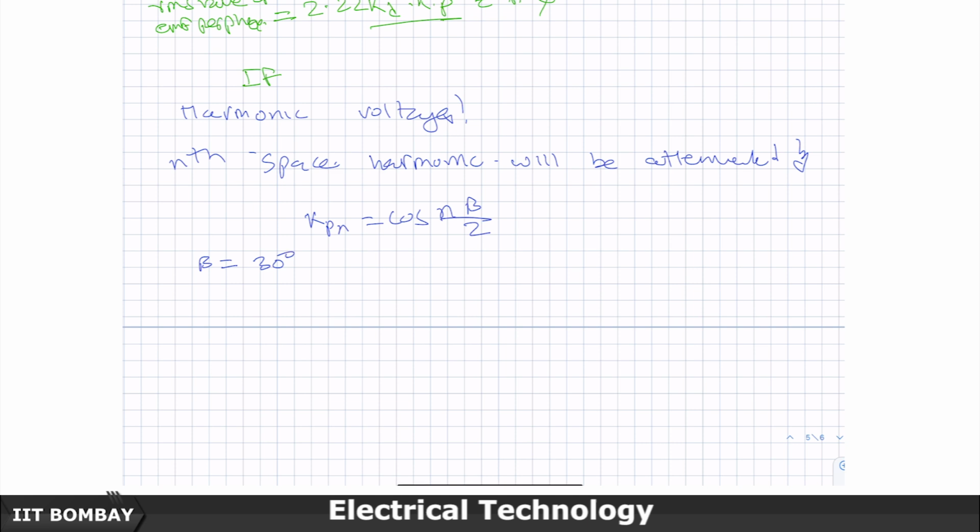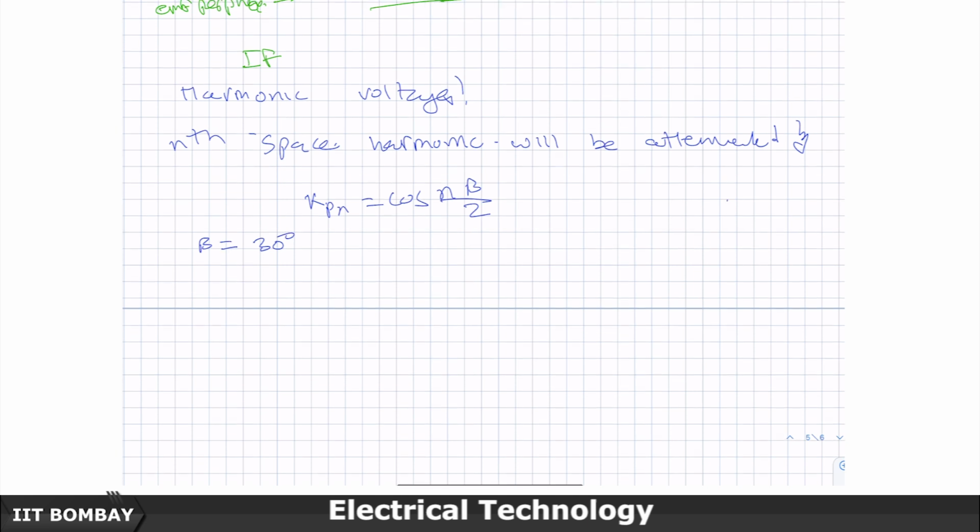So, that means I have 6 slots per pole per phase. One pole is equivalent of 180 degrees.